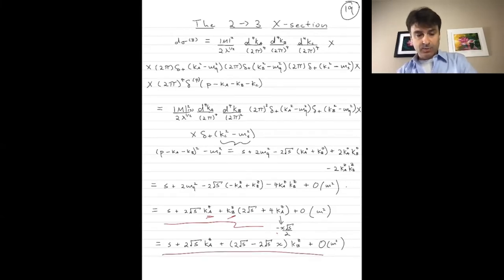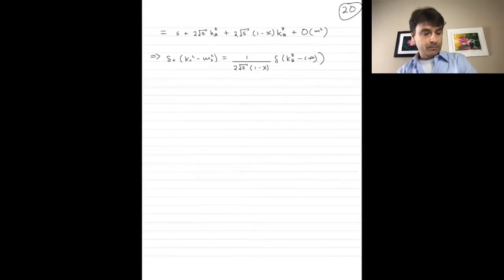This is just algebra that you can check. And finally, I can reduce the argument of the delta function down to this. And so the delta function, delta of Kc squared minus m squared, becomes 1 over 2 root s (1 minus x), and then a delta function setting Kbz to be whatever it is.